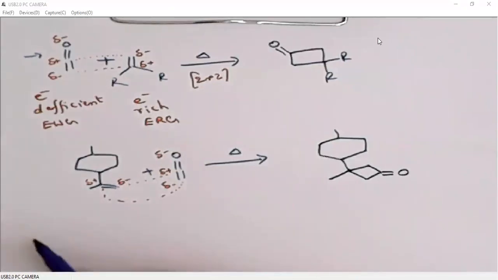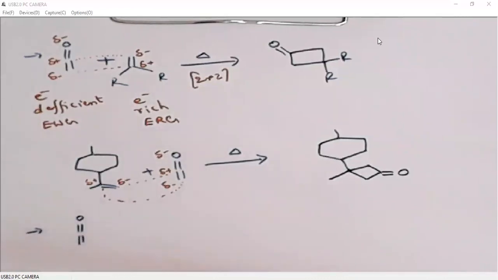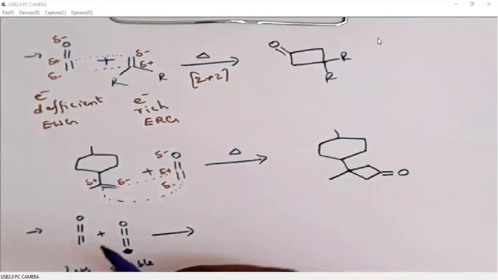In the next example, we can see ketene is generally unstable. So what happens? Immediately it undergoes a self-cycloaddition, a self dimerization. It will undergo a 2+2 cycloaddition like this.